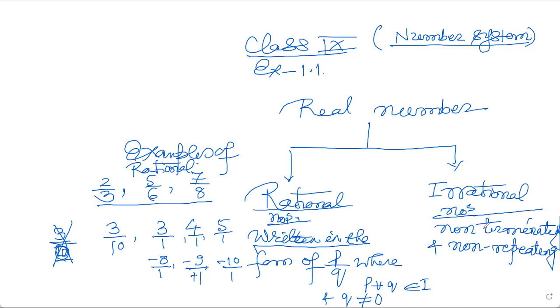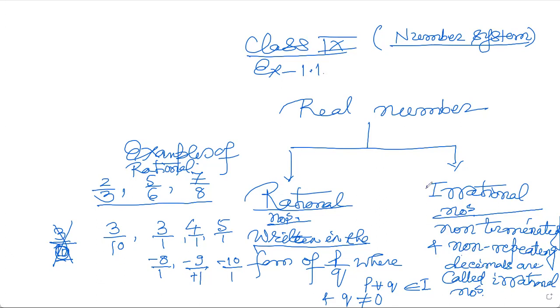So non-terminating, non-repeating decimals are called irrational numbers. In other way, you can say which are not rational, those are irrational.